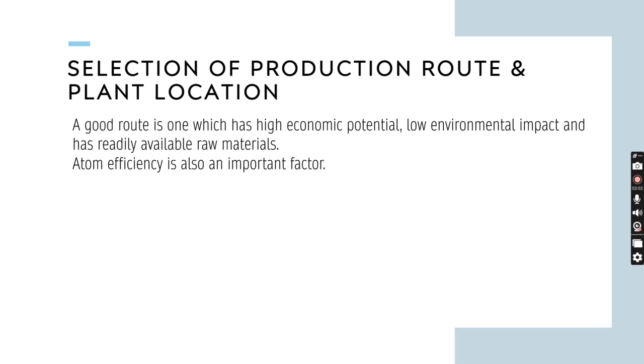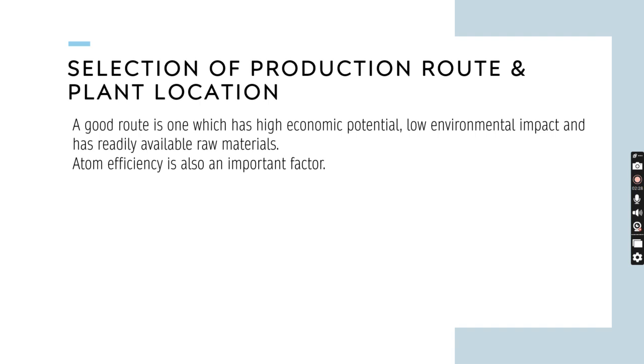Now, atom efficiency is also an important factor. So what is atom efficiency? Atom efficiency is a green chemistry concept. It describes how many atoms of a given raw material are used to produce the atoms of the good product. There is no atom production, it's only atom transfer.